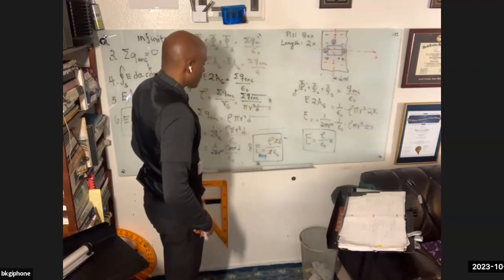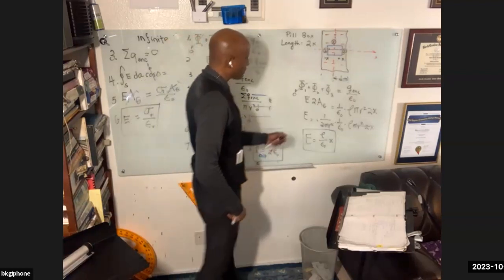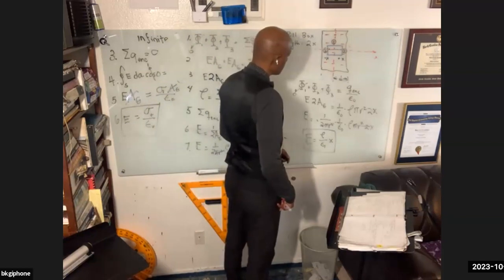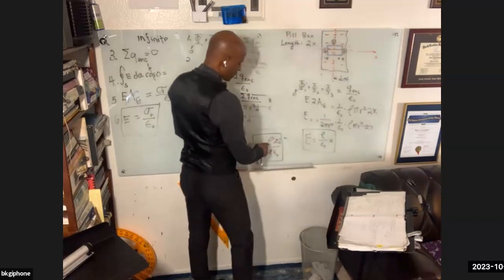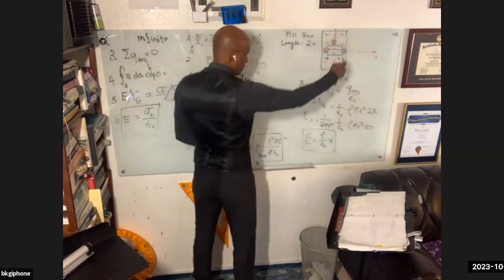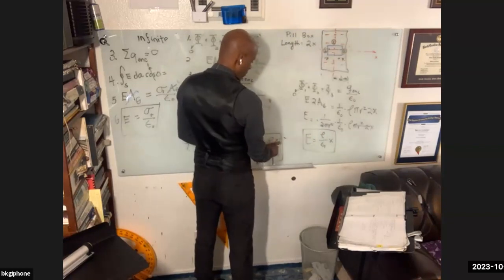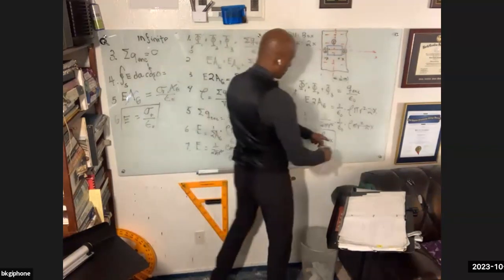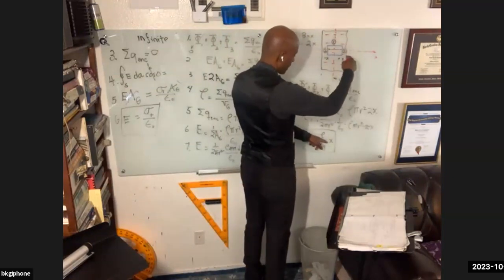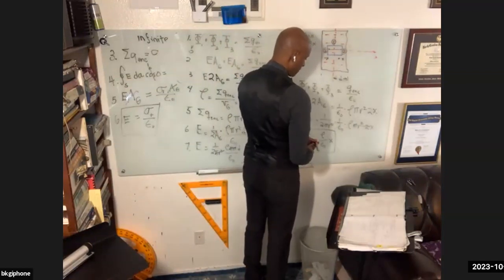So whatever. Because basically when I get out to the surface, the field is going to be rho d over epsilon naught. But in this, the way I define it, when I get out there, that's just going to be d, not 2d.